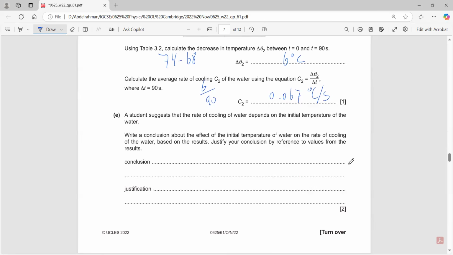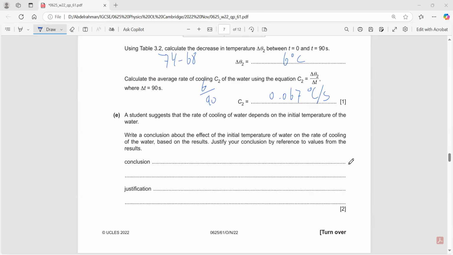A student suggests that the rate of cooling of water depends on the initial temperature of the water. Write a conclusion about the effect of the initial temperature on the rate of cooling. Based on the results, justify your conclusion by reference to the values. Does it actually depend on it? Yes, definitely it depends on the initial temperature. Why?